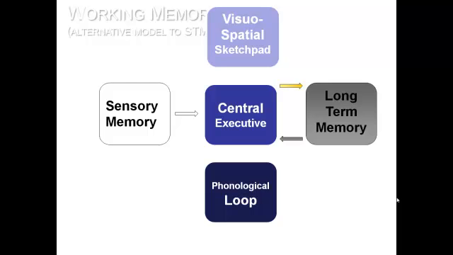You're drawing out a picture of what it is you're trying to remember. Okay? The phonological loop, you're paying attention to the sound of what it is you are trying to remember. So the sound of the words. So you're paying attention to both the sound of it as well as how it looks visually. Meanwhile, your central executive is processing this information both visually and phonologically.